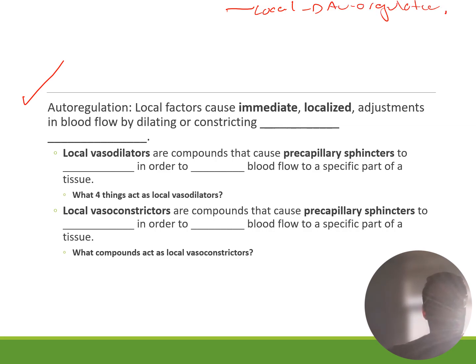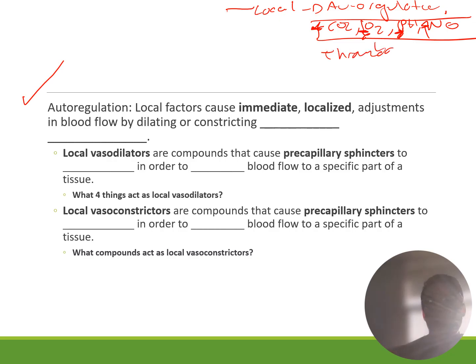So we can release molecules such as CO2, oxygen, pH. These can cause a vasodilation if we have an increase, decrease, decrease, increase. All right, and we can constrict some of those capillaries through thromboxanes.